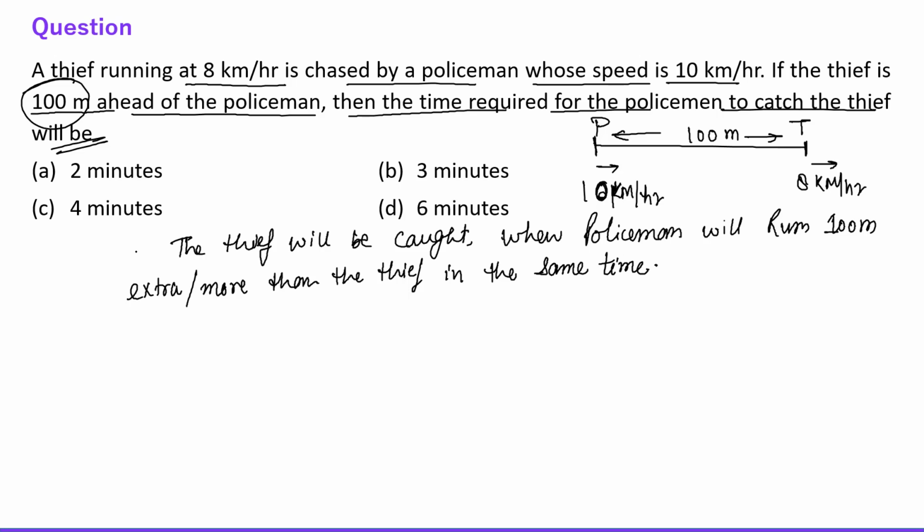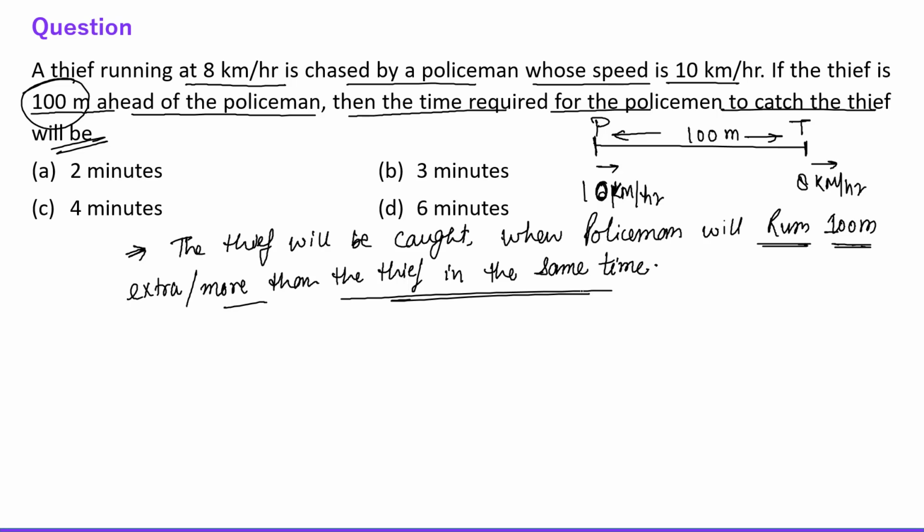I repeat, the thief will be caught when the policeman will run 100 meters more than the thief in the same time. Obviously at that point of time the thief will be caught.